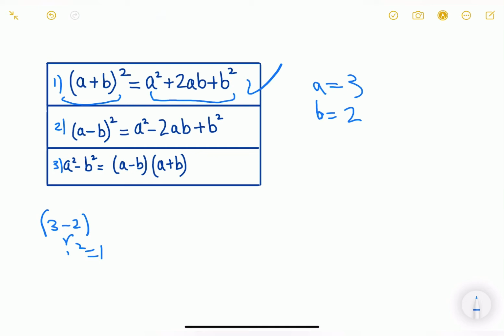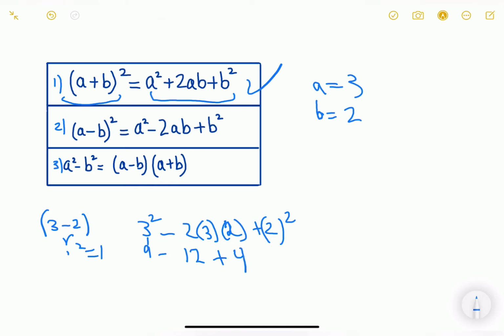What is 3 squared? 3 squared is 9, as we said, minus 2AB, where B is 2, plus 2 squared. We have 9, and what's 3 times 2? 3 times 2 is 6, 6 times 2 is 12, and plus 2 squared, which is 4.